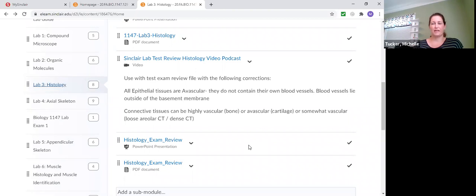Yeah, the lab exam is highly visual. Lab quizzes are too. So a lot of it is really identifying the structures or slides. But you do have to study because you won't have time to try and figure it out.